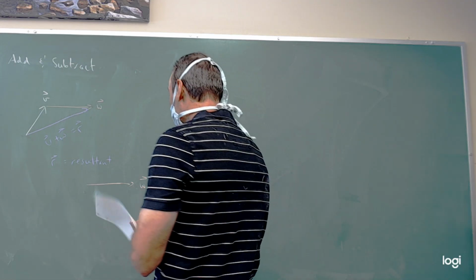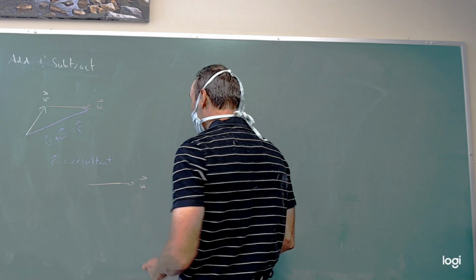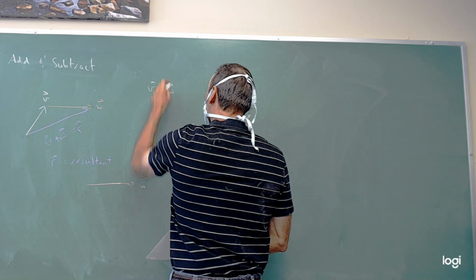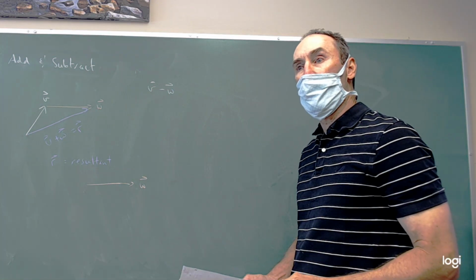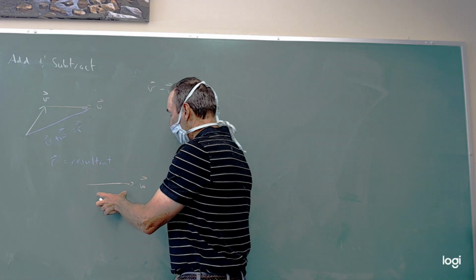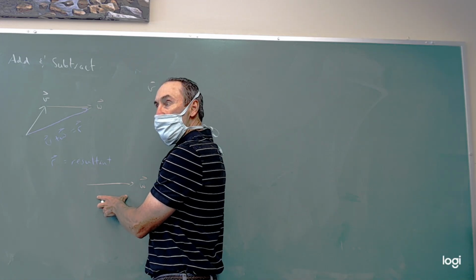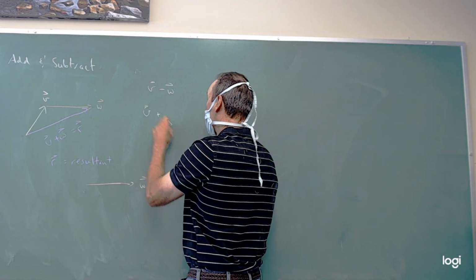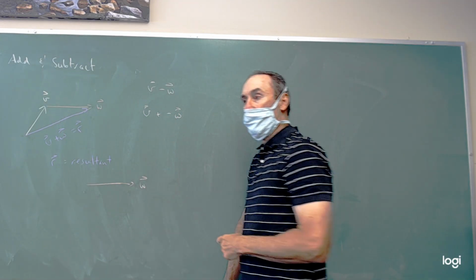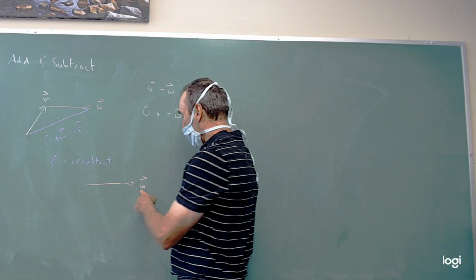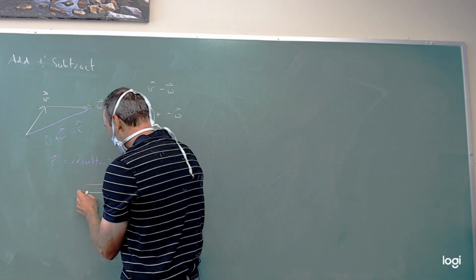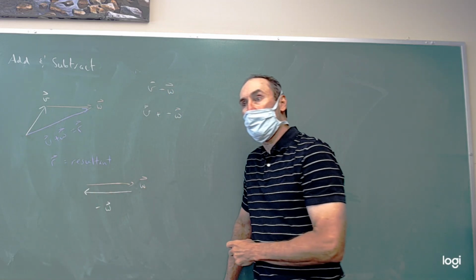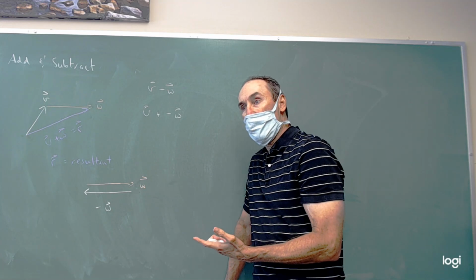Then to subtract vectors, so if we look at this, say, v, and we want to subtract w from it, then what we do is, if this orange is our vector w, we think of this as adding the opposite. So we're going to add the opposite vector. We make the opposite vector by making the vector the same length, but pointing in the opposite direction.